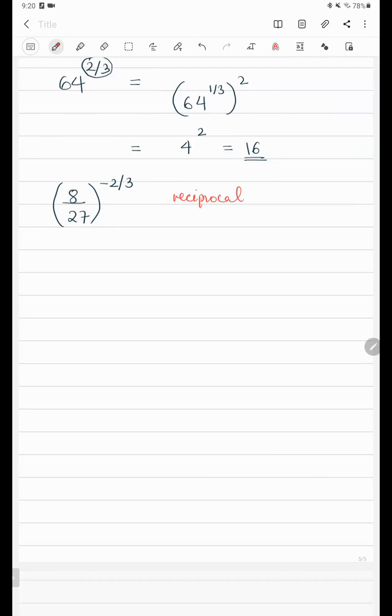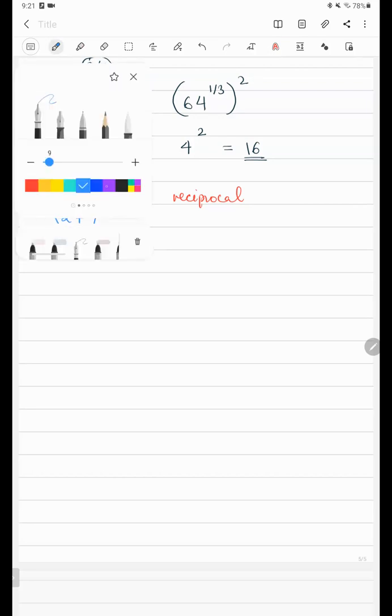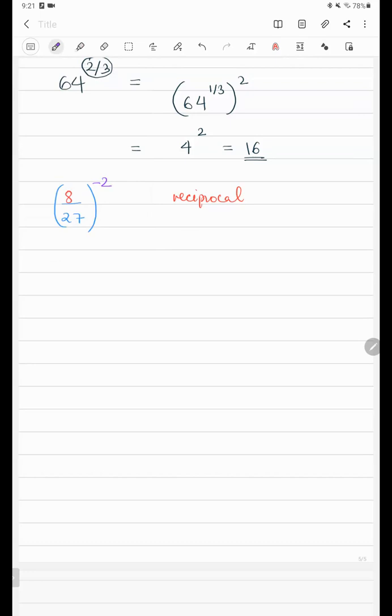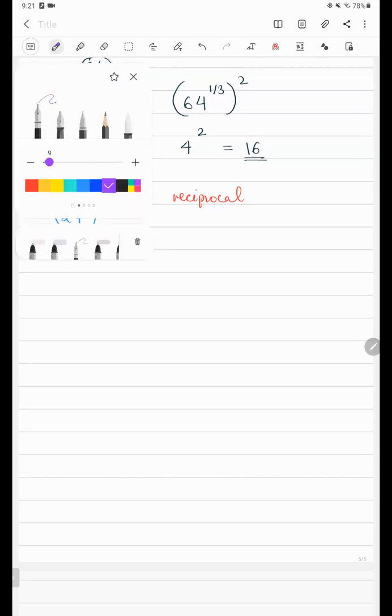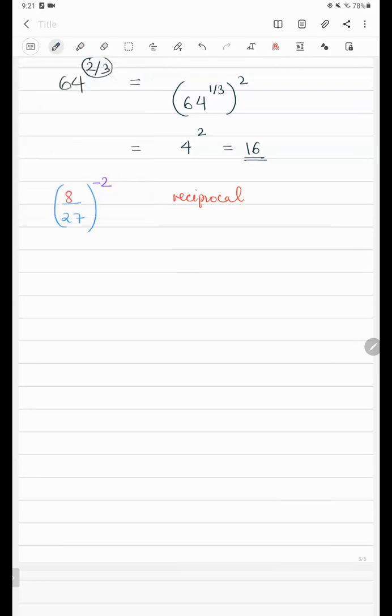Yes, ma'am. Okay. So Hamna, what will this become if I take a reciprocal? Can you tell me, if I take the reciprocal of this, what will I have now?